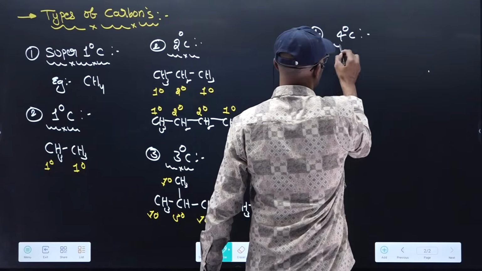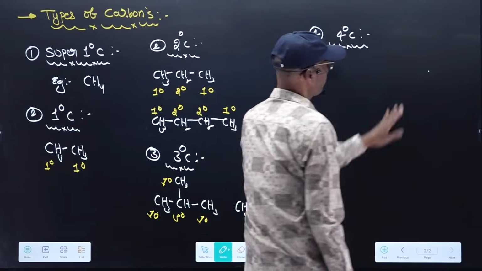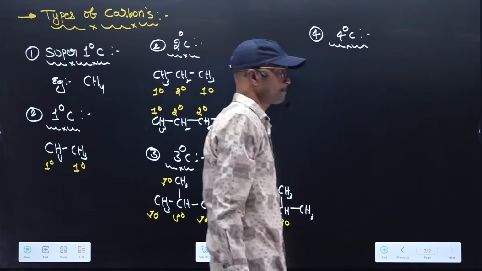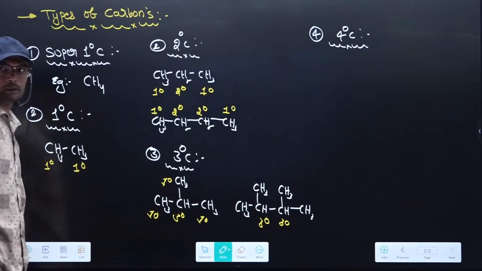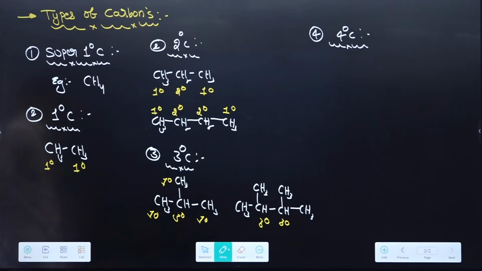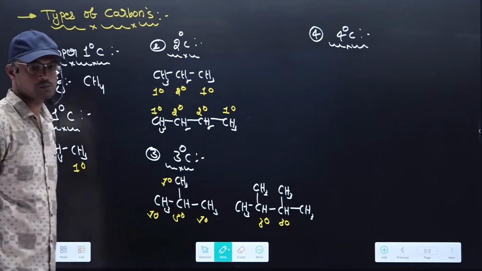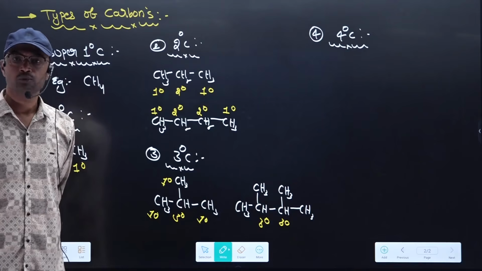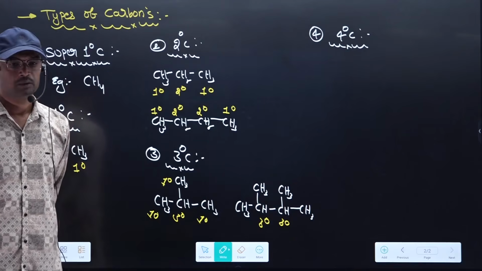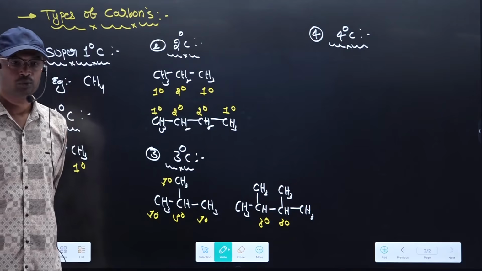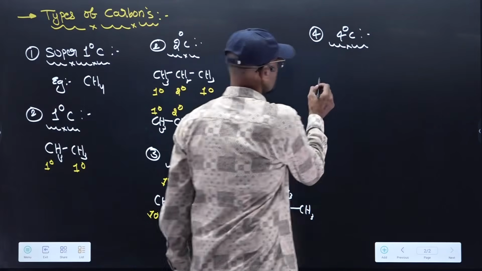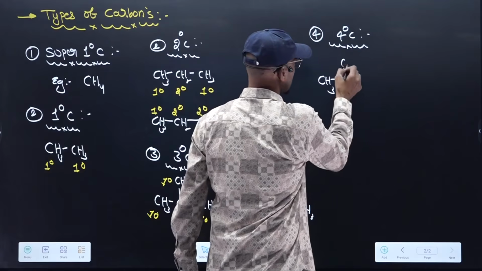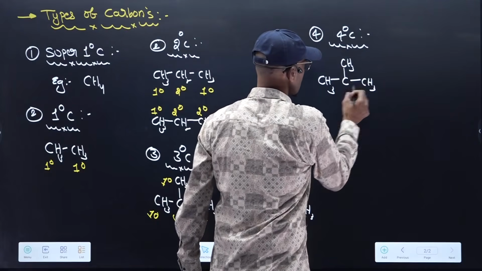So now quaternary carbon. What is quaternary? Carbon attaches to 4 other carbons. Right. Carbon attached to 4 another carbons. CH3, CH3, and here one more CH3.